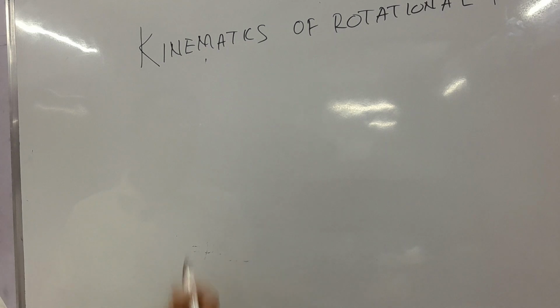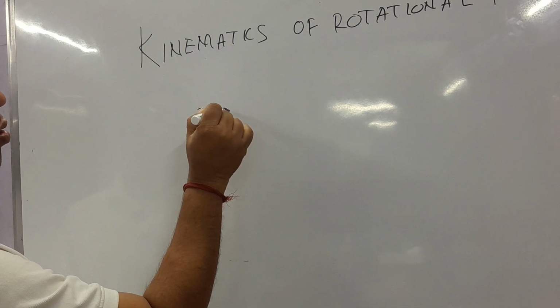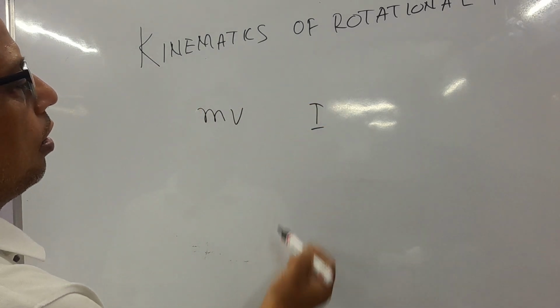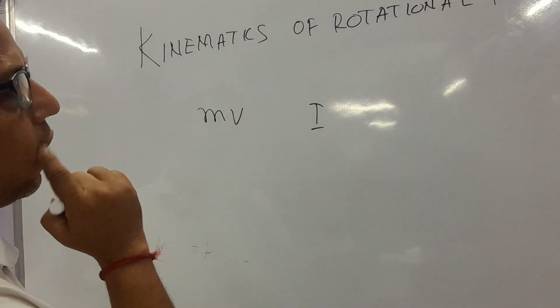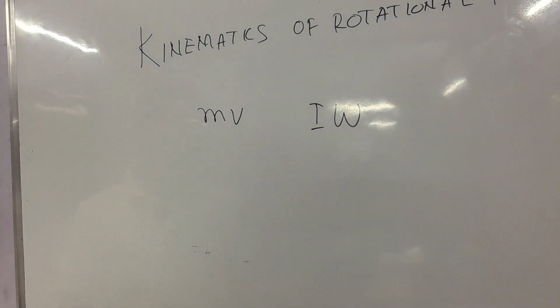Next is momentum. Linear momentum is mass into velocity. So angular momentum will be angular mass into angular velocity, I omega.